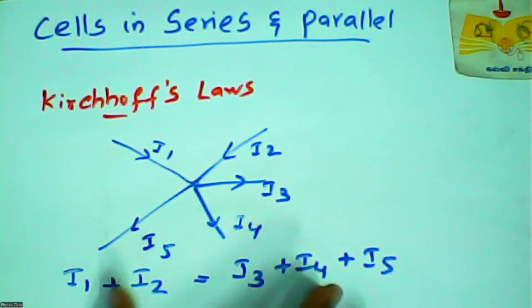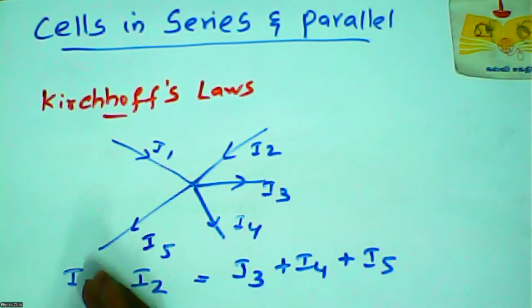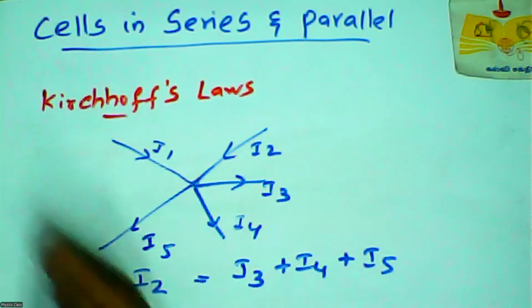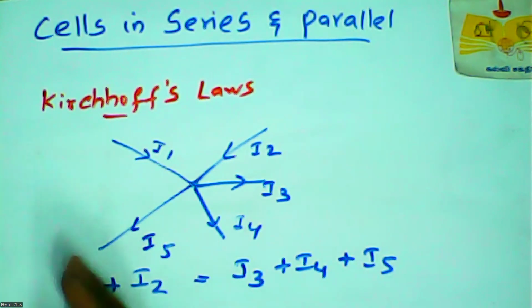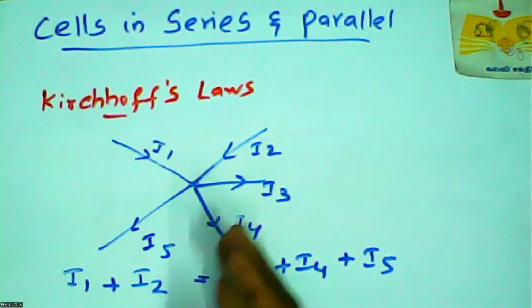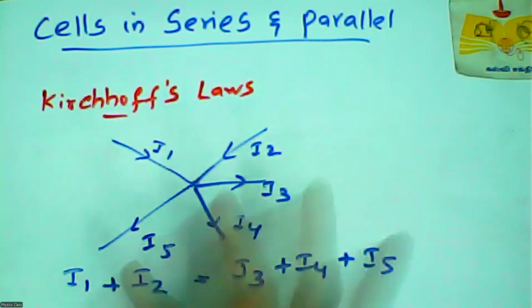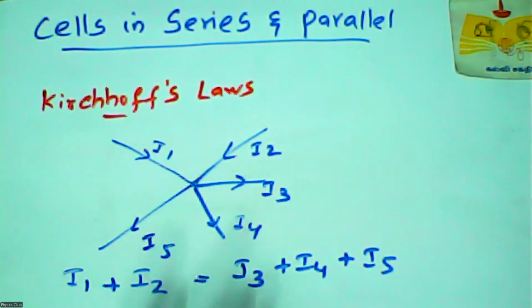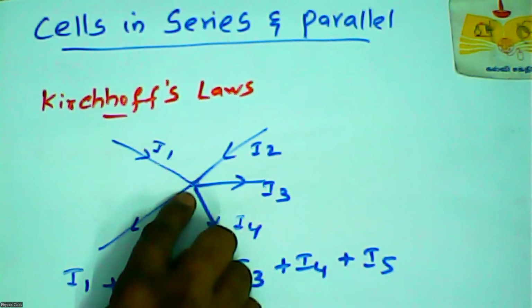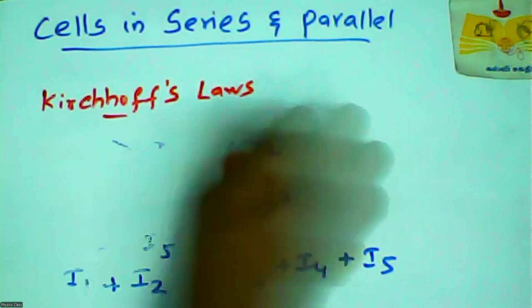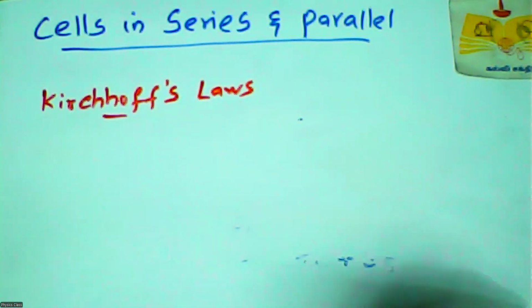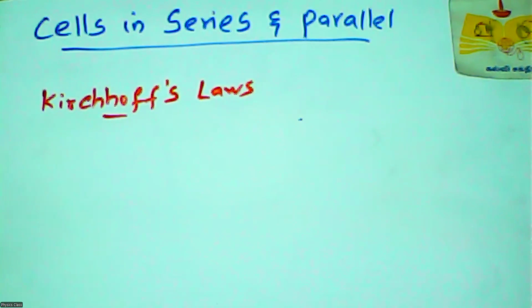If we add them up, I3 goes away, so minus I3. I4 goes away, minus I4. And I5 goes away, minus I5. So I1 plus I2 minus I3 minus I4 minus I5 gives 0. So the algebraic sum of all the currents at any junction of a circuit is 0. This is the current rule, current law. Clear? Okay.